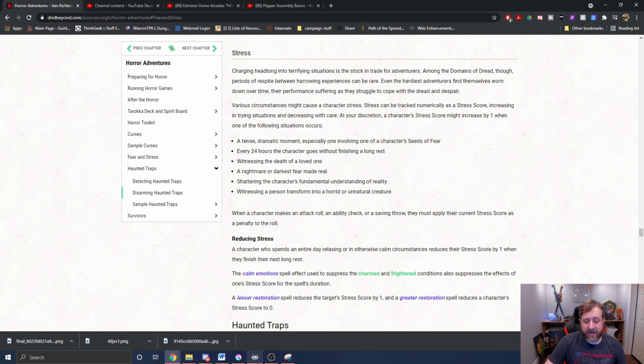A character who spends any day relaxing in otherwise calm circumstances reduces their stress score by 1 when they finish a long rest. The Calm Emotion spell can be used to suppress the charmed and frightened conditions. It also suppresses the effect of one's stress score for the duration. A Lesser Restoration spell reduces the target's stress score by 1. And a Greater Restoration spell reduces a character's stress score to 0.